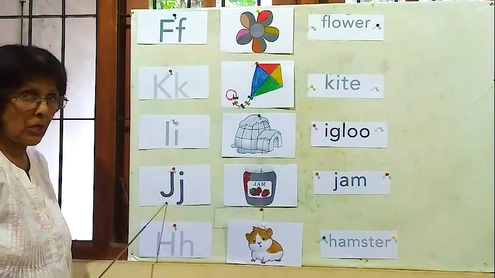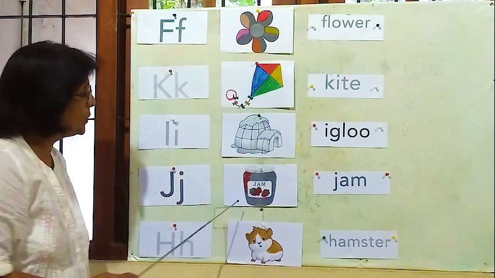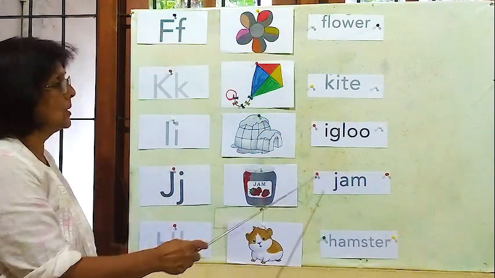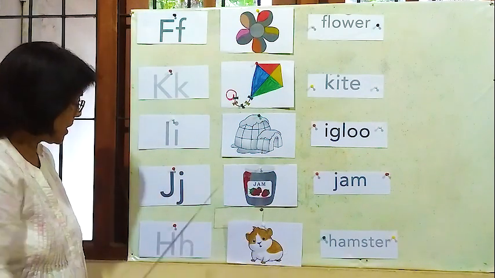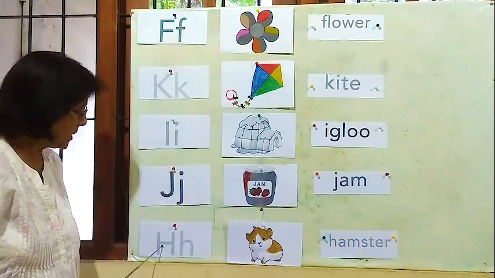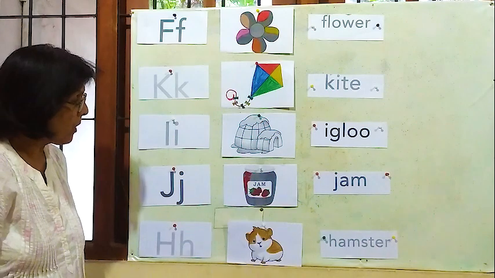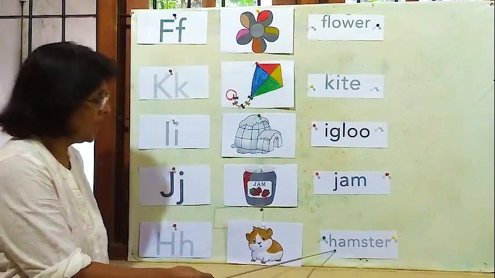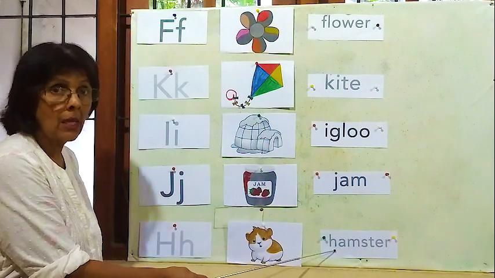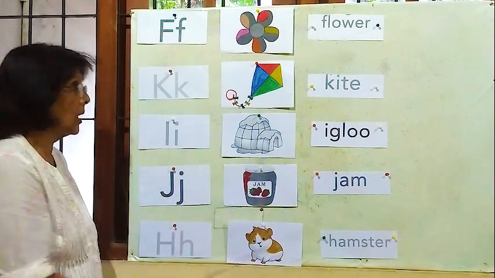Here J. J for jam. Here the word jam. Jam. Right? Now, here the letter H. H for hamster. Here the word hamster. Hamster. Right?